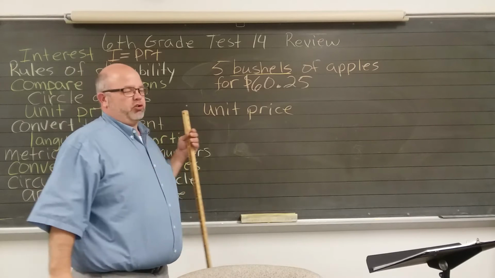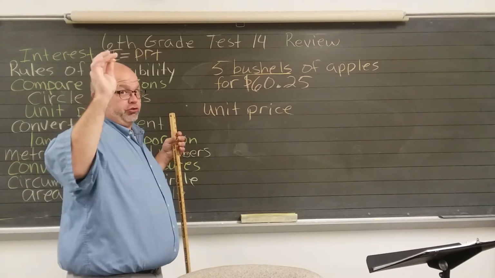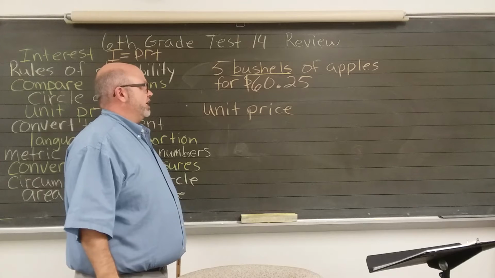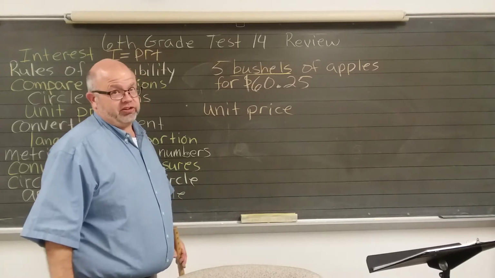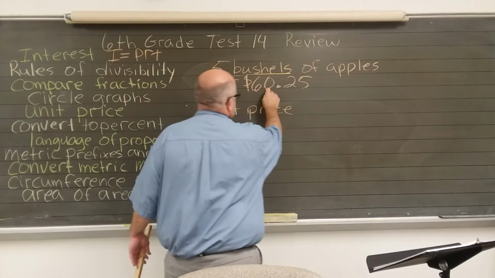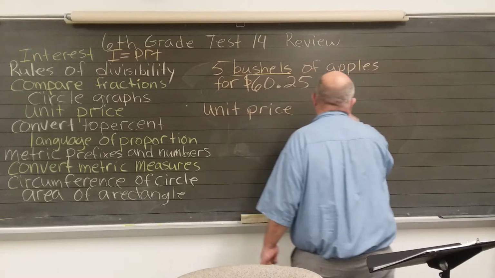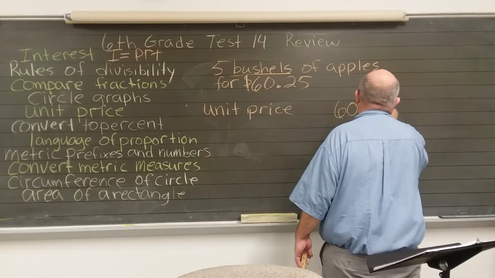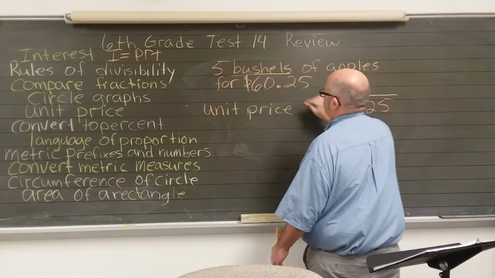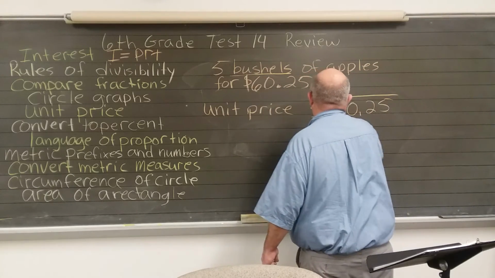And it might say use proportion on the test. I don't know if it does or not, but you do not have to use proportion. The easiest way to figure out unit price is simply divide 60.25 divided by how many bushels? 5 bushels.